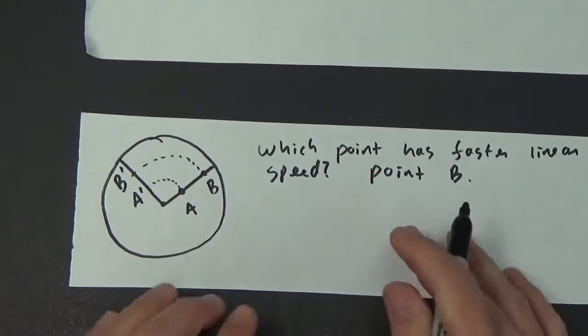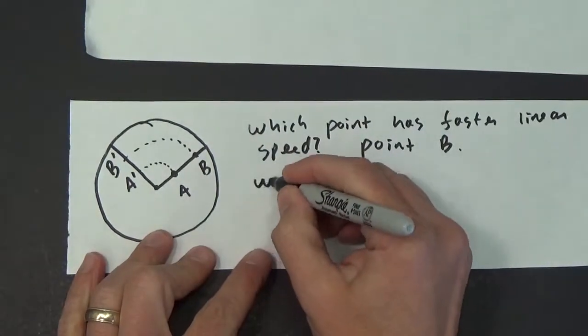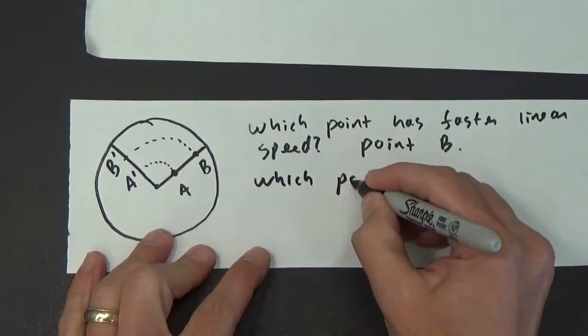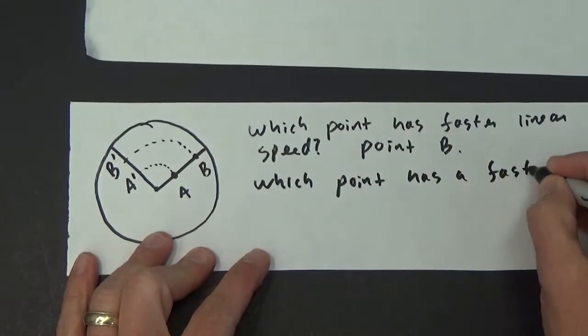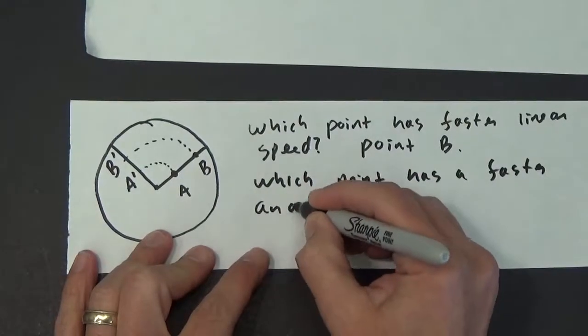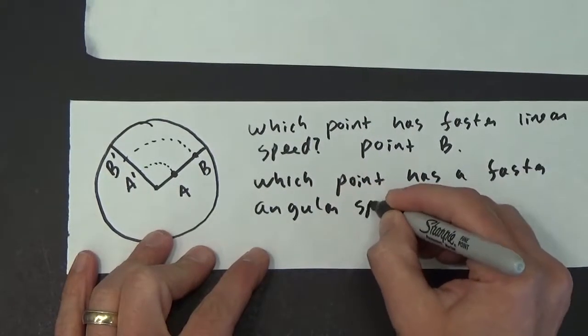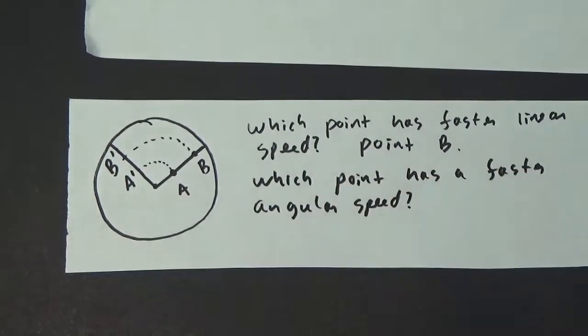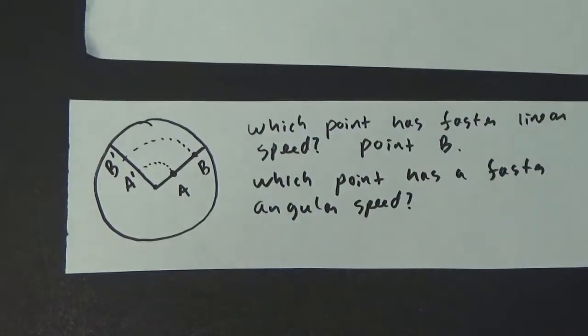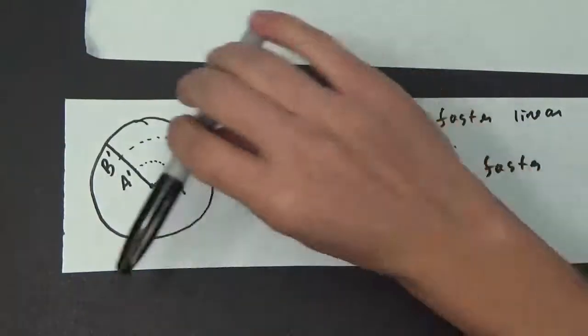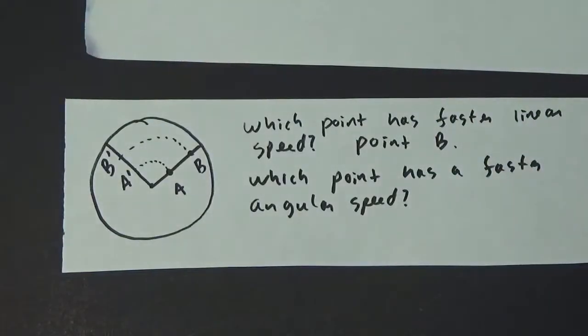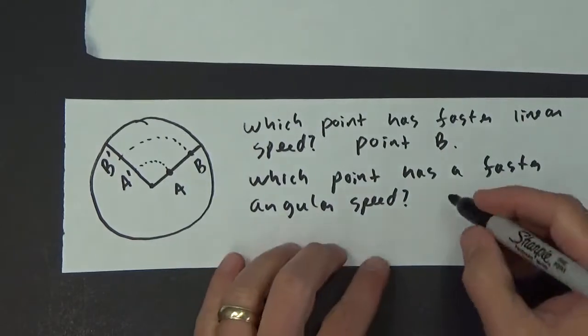Now, which point has a faster angular speed, though? Now, in this case, that's actually a trick question, because A and B rotate the same amount in the same amount of time. So they actually have the same angular speed.